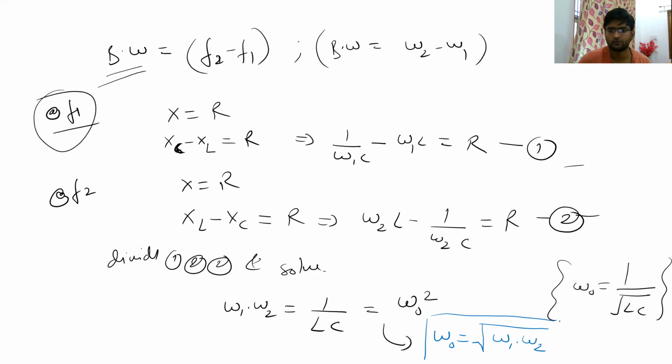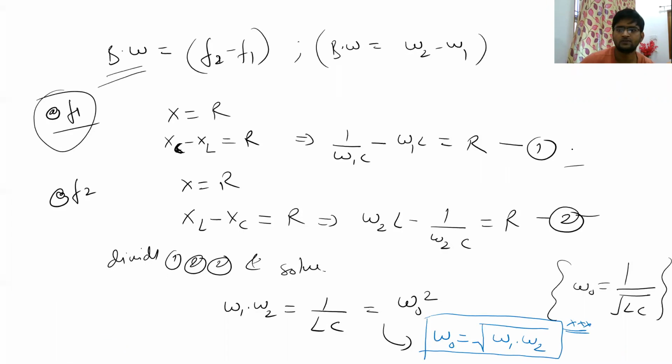This is an important outcome. So the resonant frequency can be represented as the root of the multiplication of the cutoff frequencies omega 1 and omega 2.